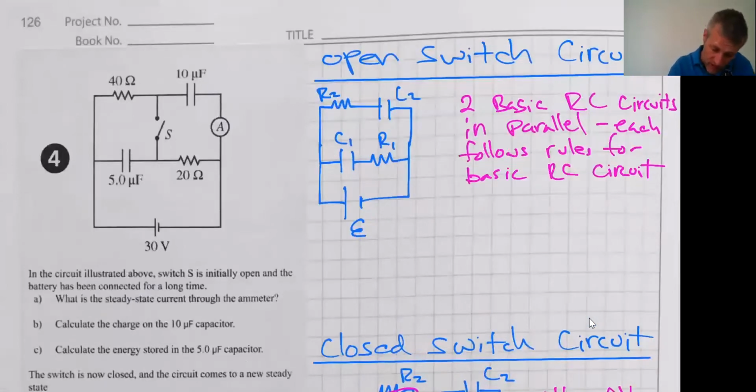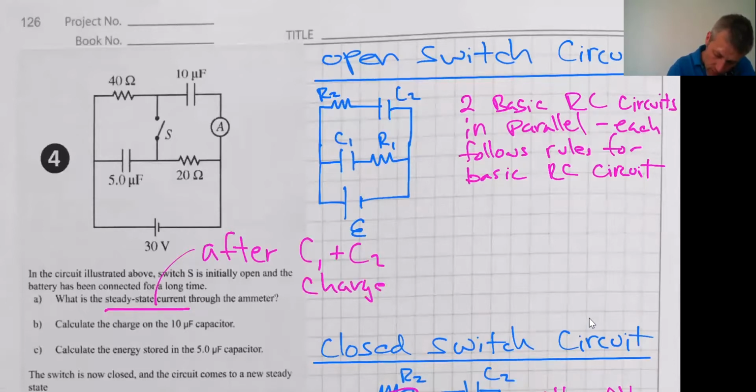Be aware here, this steady state current is going to be after C1 and C2 are charged. While they are charging, the current is not steady state.